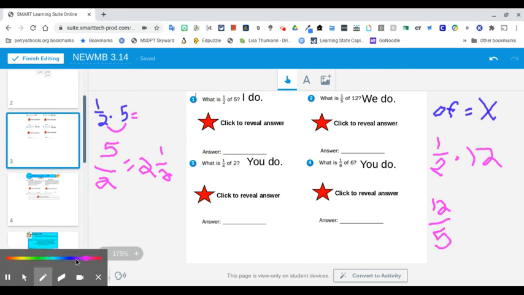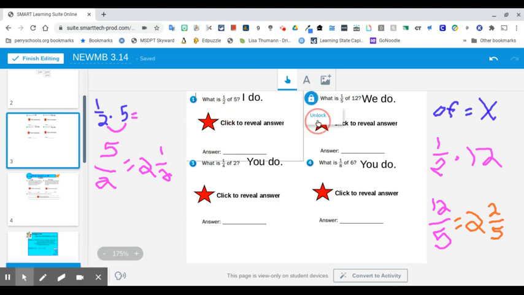Okay? We know that cannot go in evenly. That's something we know. It can go close, but it's not quite. So I know 5 can go into 12 2 full times, which is going to give me 10. So I'm going to take 10 out of that, which would result in 2 left over out of 5. So it'd be 2 2/5. Okay?